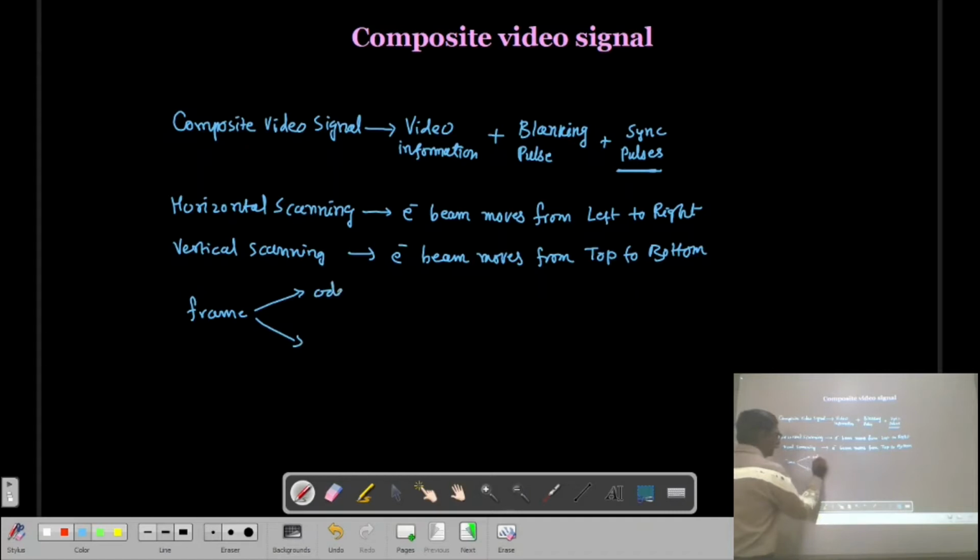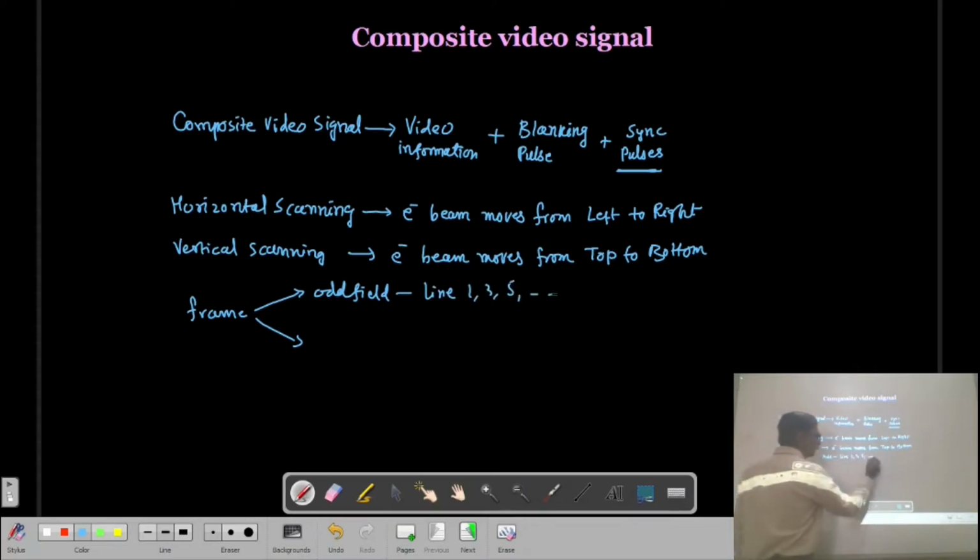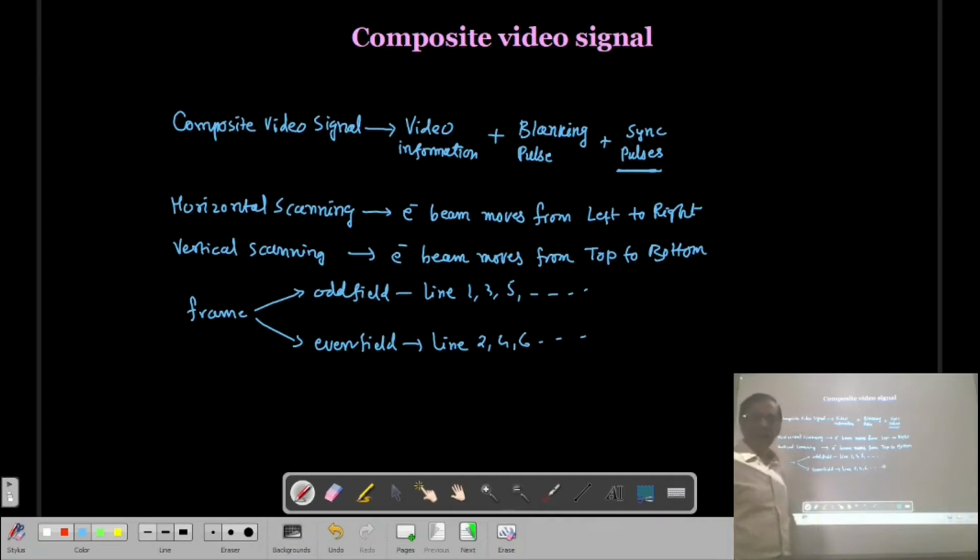One is known as the odd field, where line numbers 1, 3, 5 are scanned, and in the other field, line numbers 2, 4, 6 are scanned.